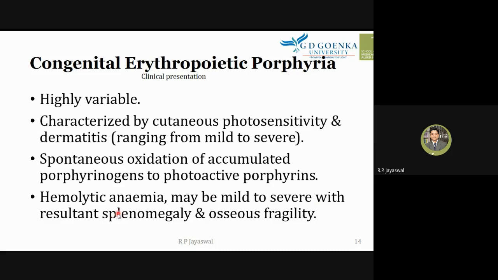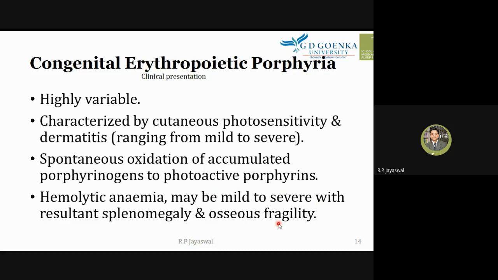So here hemolytic anemia occurs, and this type of anemia can range from mild to severe, and this may result in splenomegaly. What it means is that there is enlargement of the spleen, and there is osseous fragility. The bone may become fragile here. Okay, so this is the clinical presentation we can see.